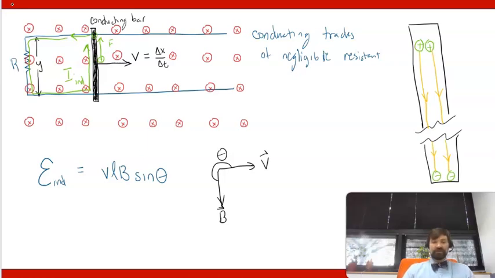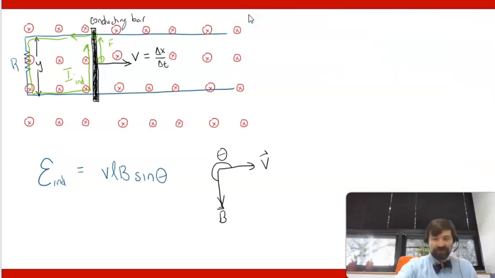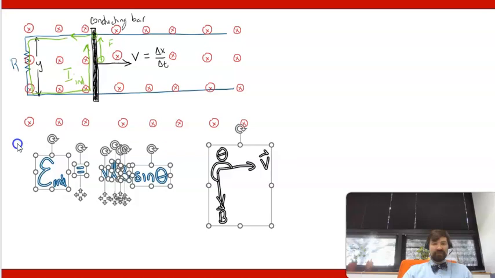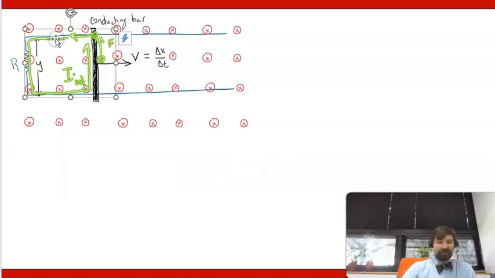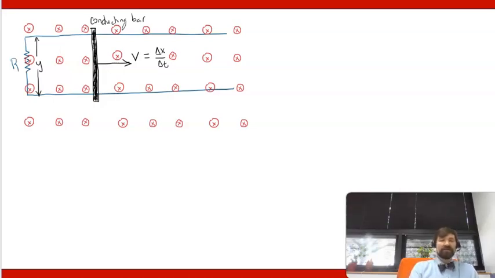Okay, but we should notice in looking at this same diagram again that if I go back to it, if I remove some of the clutter from it and just look at the diagram as a bar moving within a set of rails, that as the bar moves to the right, the enclosed area, so maybe we call this right here an enclosed area A, for this bar and tracks is going to increase just a little bit.